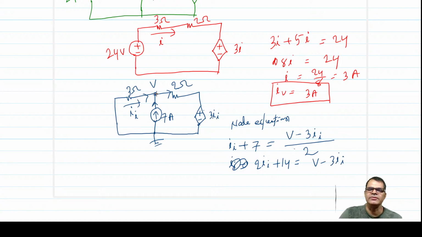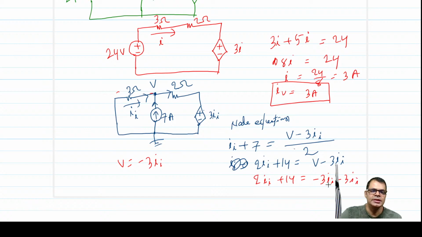And you see that, what is the V? Can anyone tell? V is simply, from here you can easily see, V is equal to minus 3I'. So put these values in: 2I' plus 14 is equal to minus 3I' minus 3I'.